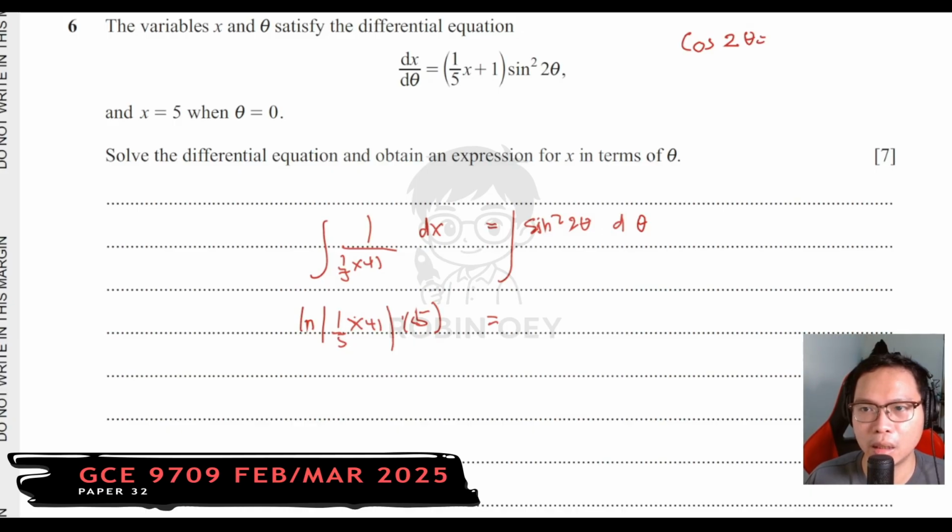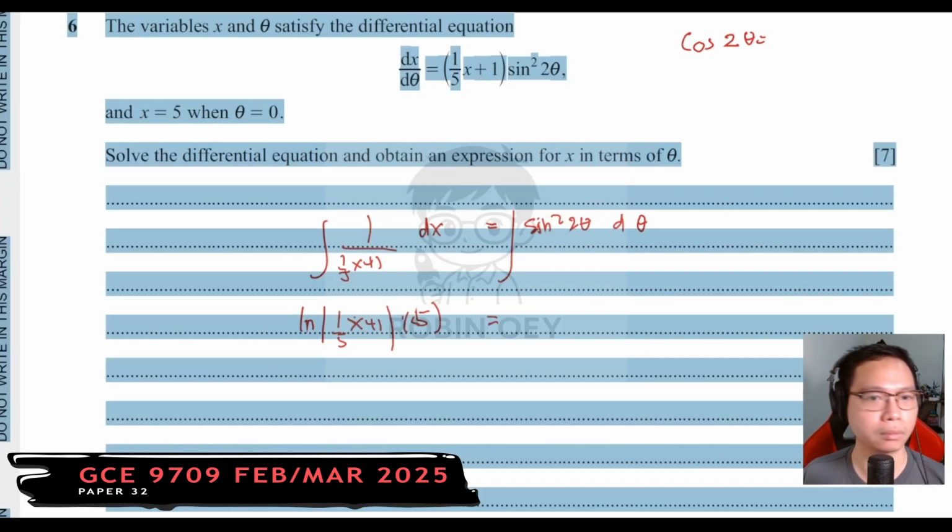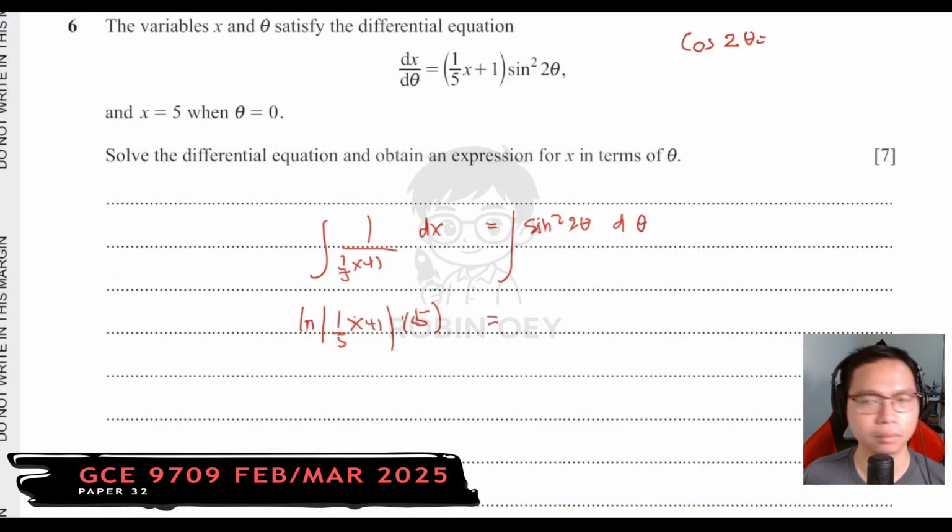Cos 4 theta is cos square 2 theta minus sine square 2 theta.